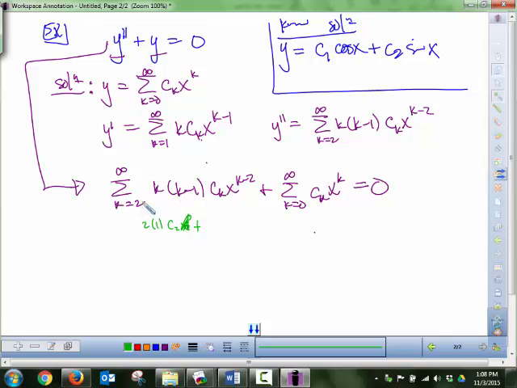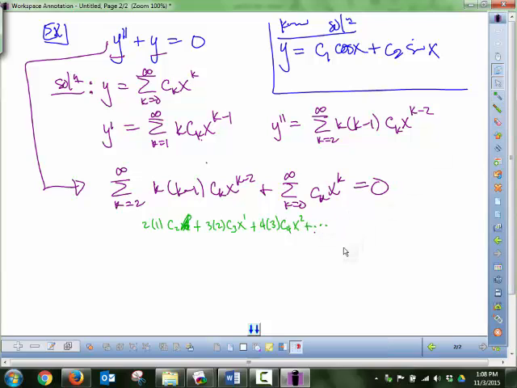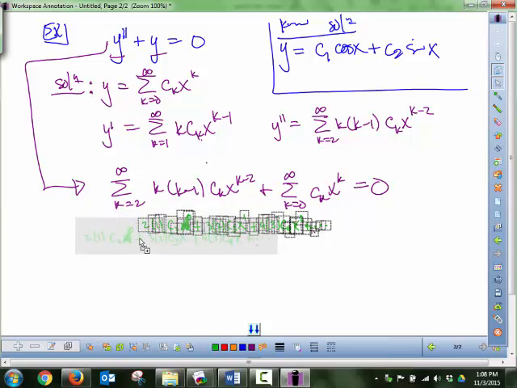Plus, now k equal to 3 is our next term, so this is 3 times 2 c sub 3 x to the first power, plus the next one is k equal to 4. 4 times 3 c sub 4 x to the 4 minus 2, the second power. So that's the first sum.